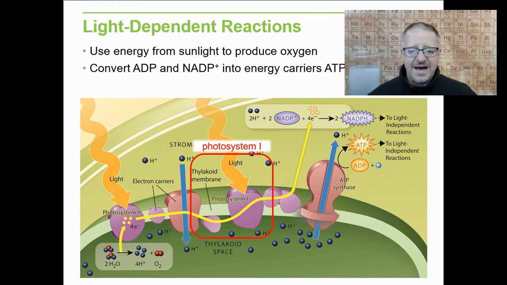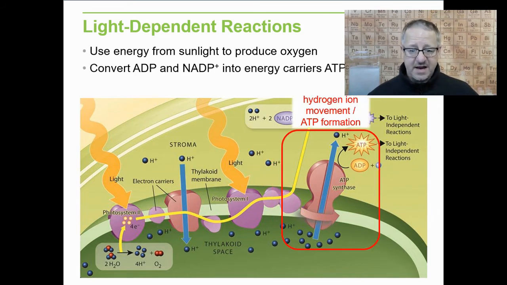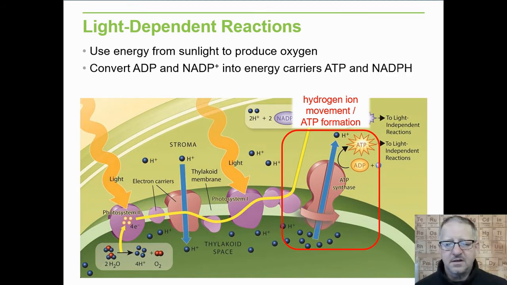All right, so that's how the NADPH is developed. Now let's take a look at how we go from ADP to ATP. So here we have all of these hydrogen ions, these H pluses, that are being removed from the water.